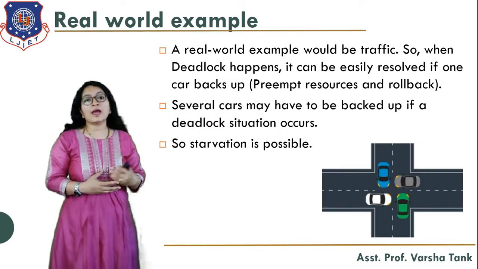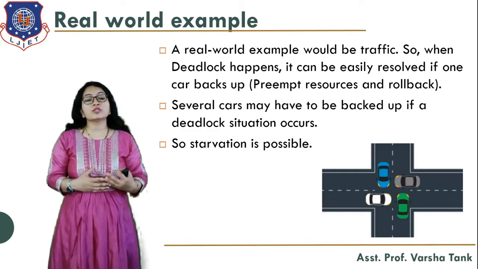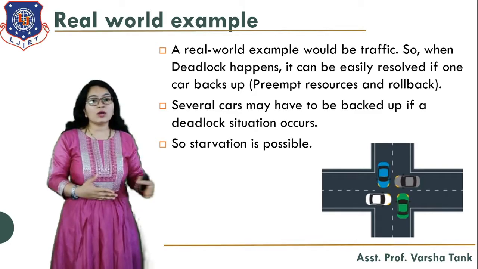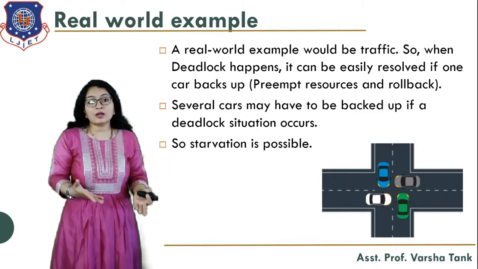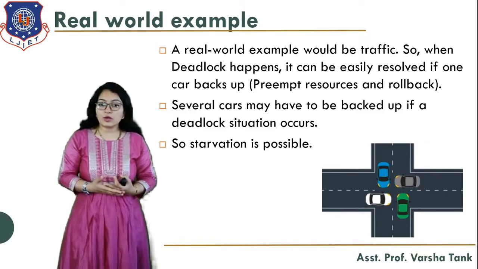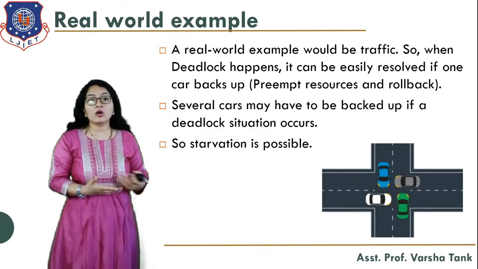Several cars may have to be backed up if a deadlock situation occurs. It is not necessary that backing up one car only will resolve the deadlock; that may not be possible every time. More than one car may have to back up.